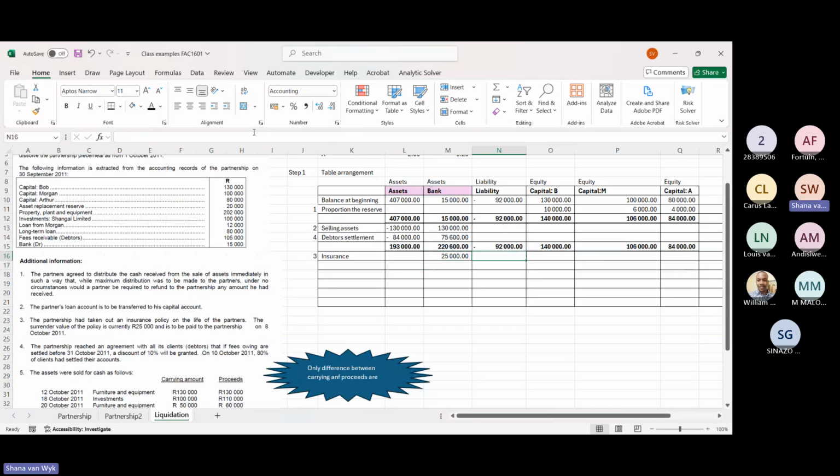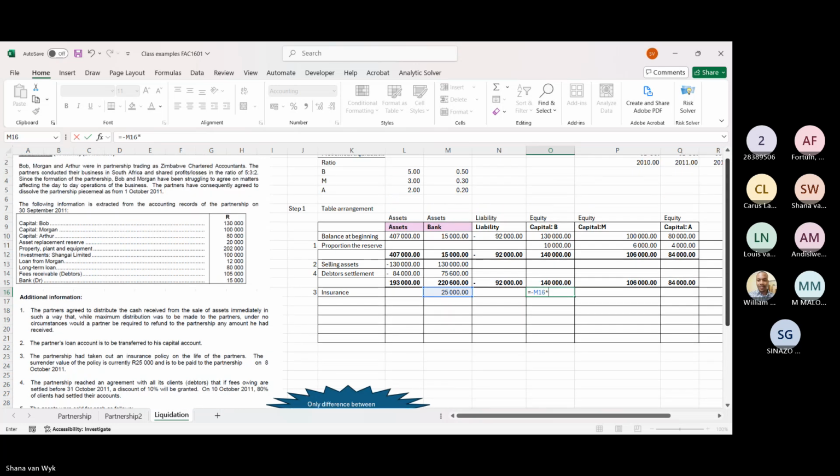So if we receive money, it is debtors. If we close it, debit side, we close it off, it's credit. And if it's on the credit, we need to debit the capital. So this is going to subtract. Do you guys agree? Yes, ma'am, we agree.